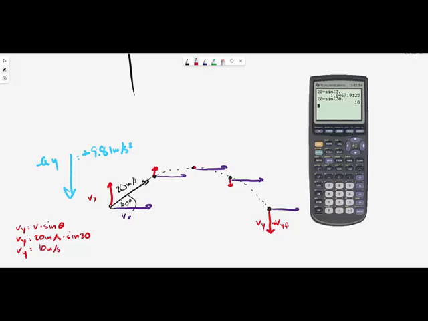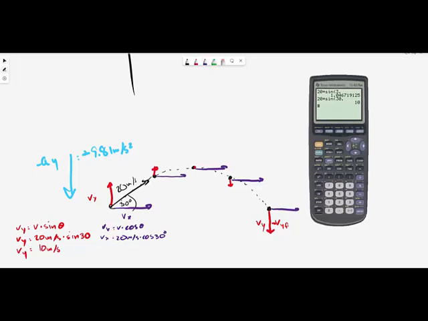Great. Let's find the Vx. So the velocity along the x is equal to the velocity times the cosine of theta. So velocity along the x is equal to 20 meters per second times the cosine of 30 degrees.